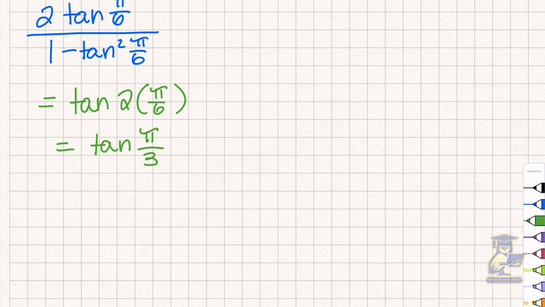And tan of pi over 3 is equal to root 3 over 1, or just root 3. So we use the special triangles to evaluate tan pi over 3. If you know one of the primary trig ratios for any angle, then you can determine the other two. And you can then determine the primary trig ratios for this angle doubled.